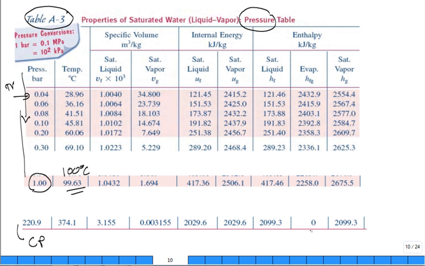Notice, what is the hfg at the critical point? Because there's no difference between the v sub g and the v sub f, nor the u sub f and the u sub g, nor the h of f and the h of g. There's no distinction of boiling at the critical point. All right.